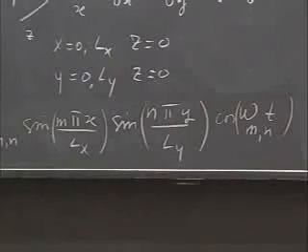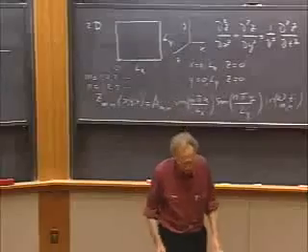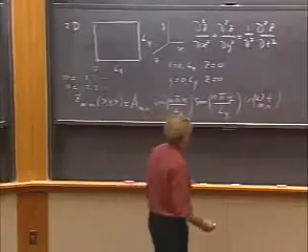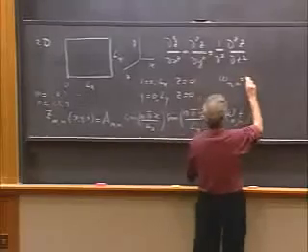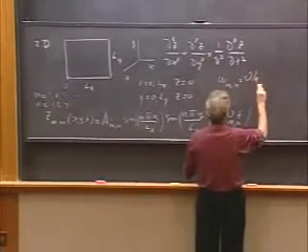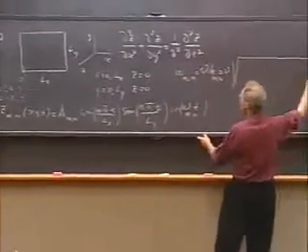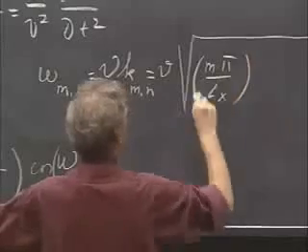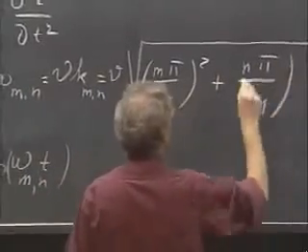And if you substitute this solution, of which we clearly, intuitively know it has to be correct, in that wave equation, then you get the connection between the k values and omega, and then you will find that omega mn, which is always the velocity times k value, becomes now v times the square root of m pi divided by Lx squared plus n pi divided by Ly squared.